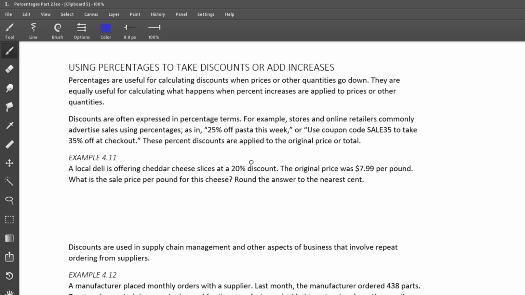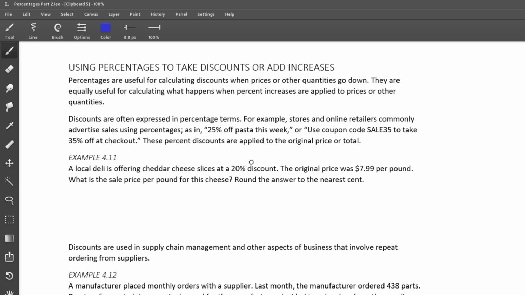Discounts are often expressed in percentage terms. For example, stores and online retailers commonly advertise sales using percentages, as in 25% off pasta this week, or use coupon code SALE35 to take 35% off at checkout. These percent discounts are applied to the original price or total.